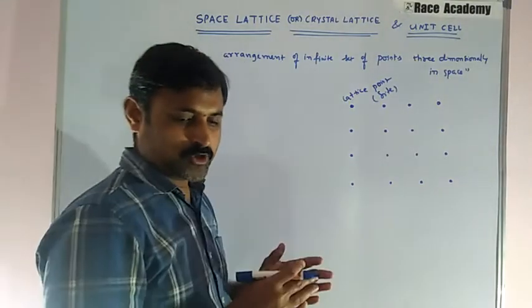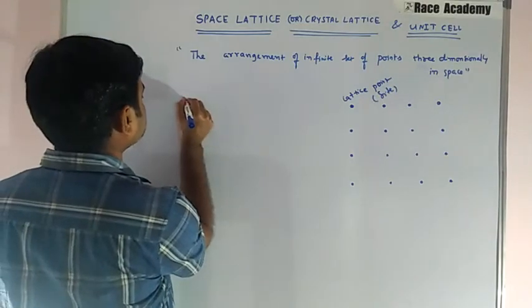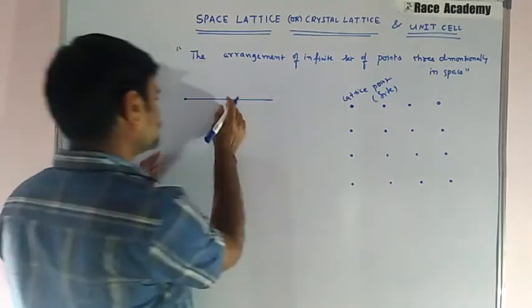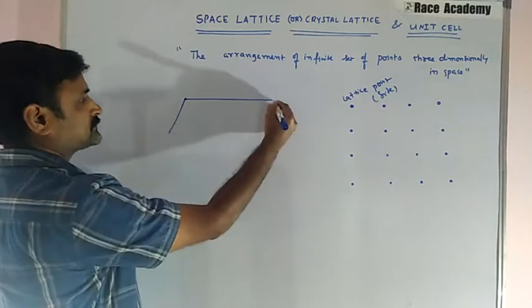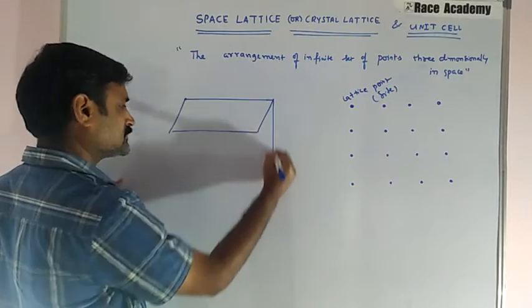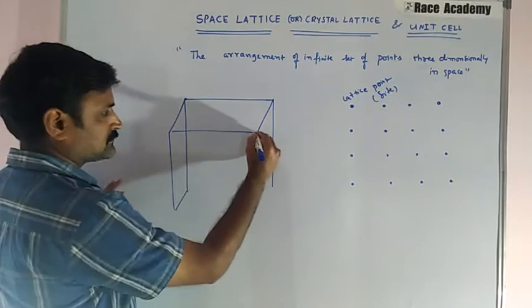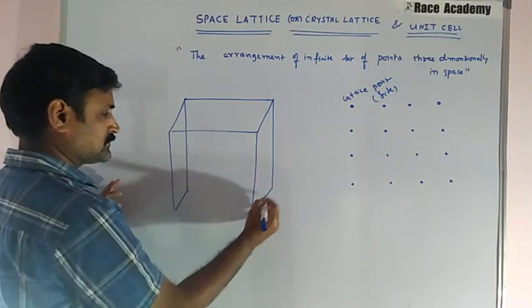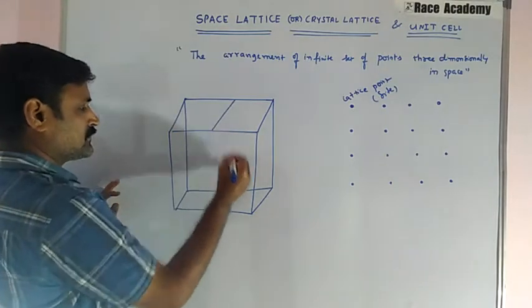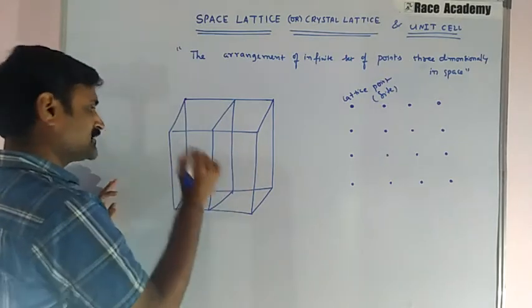Suppose you are observing points like this, and you write like a cube, joining the points like this.